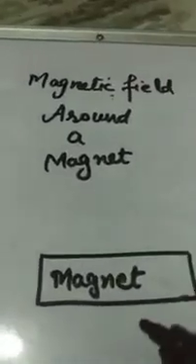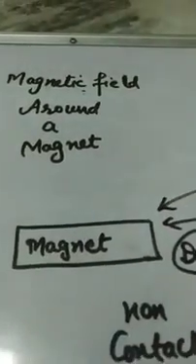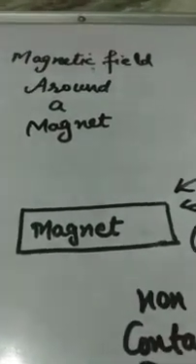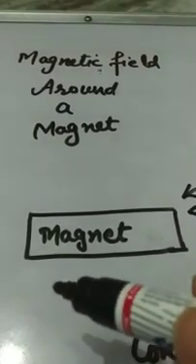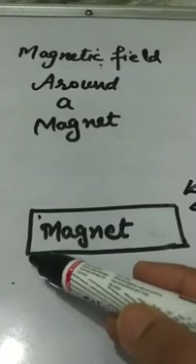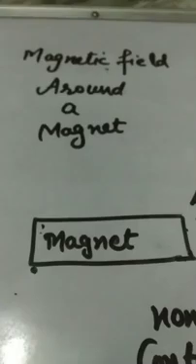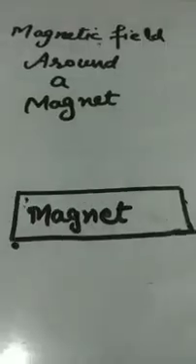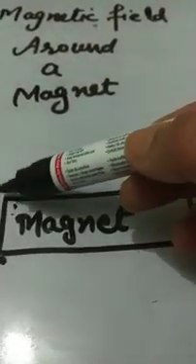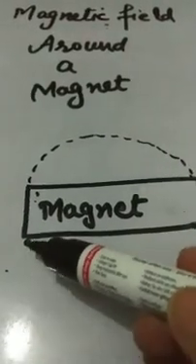A magnetic field is an invisible area of magnetism around a magnet, and the magnetic field is stronger near the pole. And if we draw the pattern of magnetic field lines from this pole, the magnetic field develops and joins like this toward the other pole.